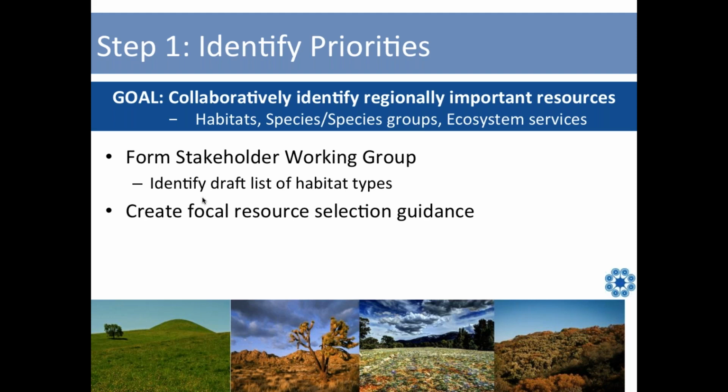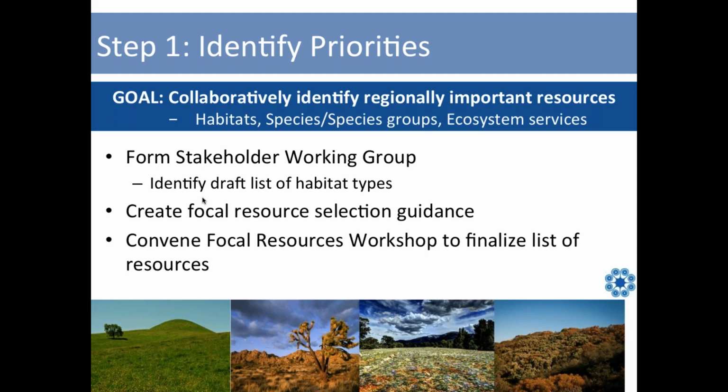And then we held a focal resources workshop, and we had some resource selection guidance that went along at that workshop in order to finalize a list of resources. So at that particular workshop, we had people think about regionally important habitats, species, and ecosystem services.